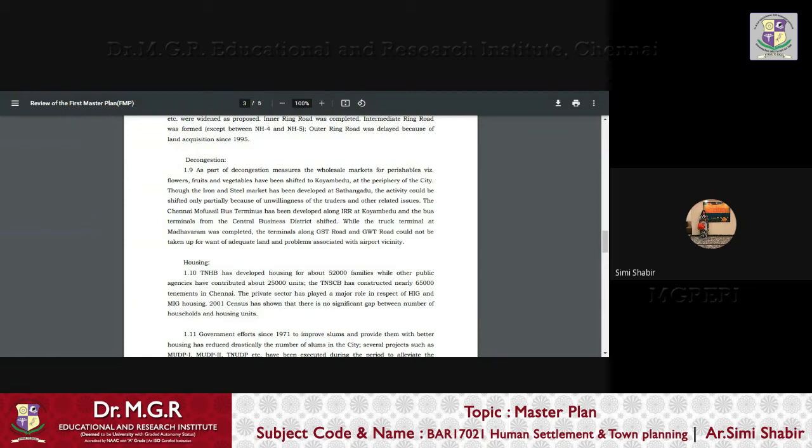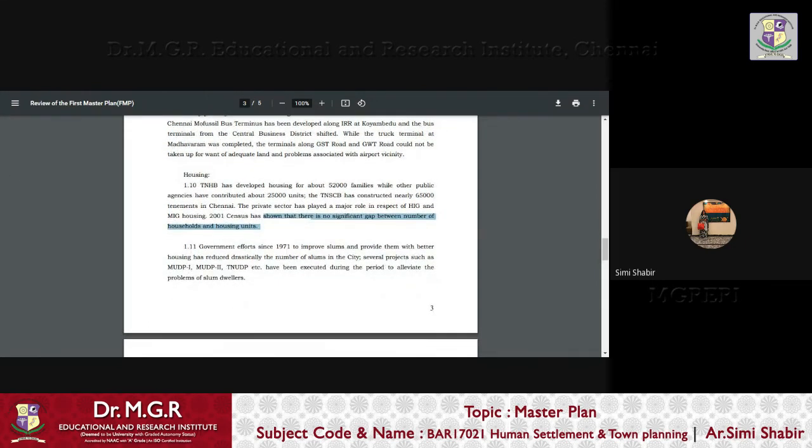The Tamil Nadu Slum Clearance Board, that is the TNSCB, constructed nearly 65,000 tenements in Chennai. The private sector also played a major role in respect of the higher income groups and the medium income groups housing. So the 2001 census also very clearly showed that there is no significant gap between the number of households and the housing units. Okay.